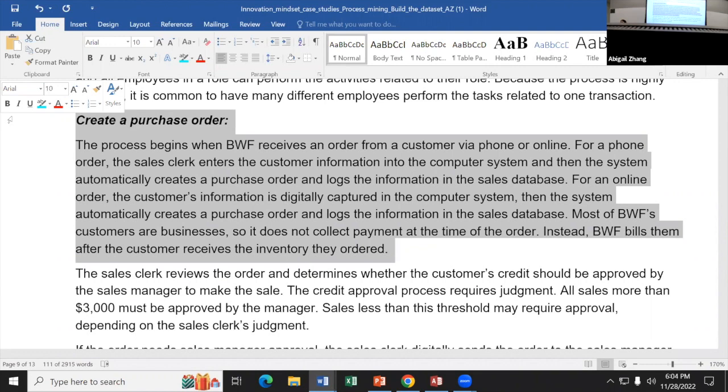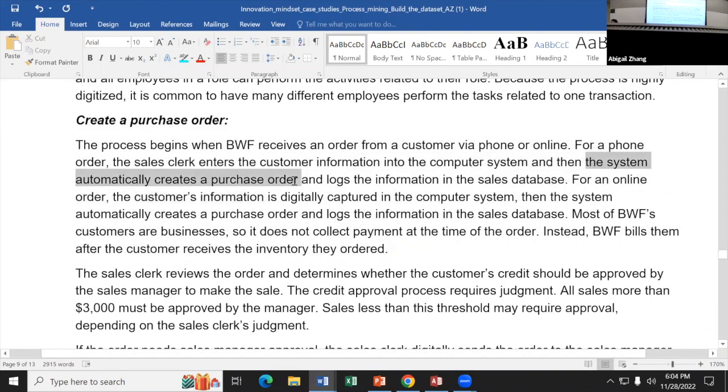So maybe let's first think about what internal control activities you can identify here. You can think of it as preventive, detective, corrective. What are the activities that can be categorized as falling into those categories?